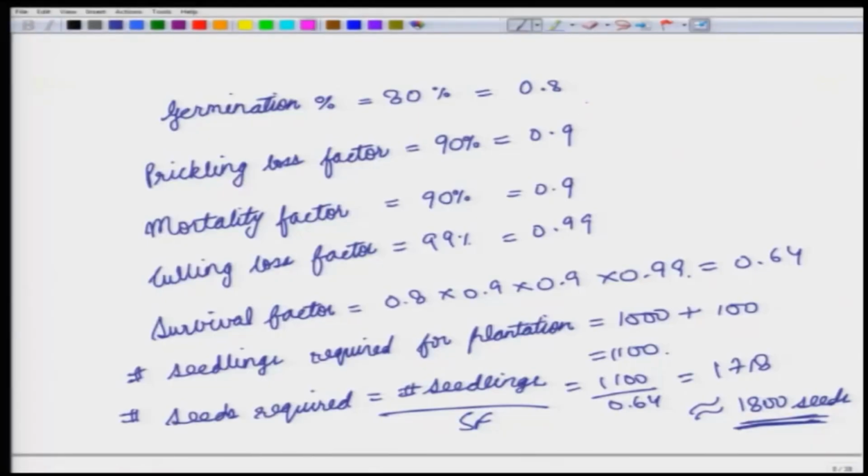So, we compute the seed quantity in kg as the number of seeds divided by the number of seeds per kg, and by that we will get a figure as to how many kilograms or grams of seeds we have to begin with.